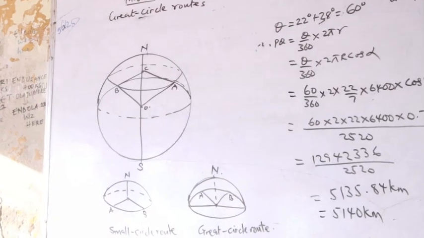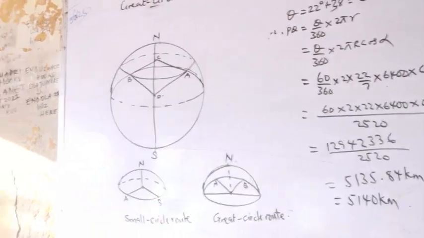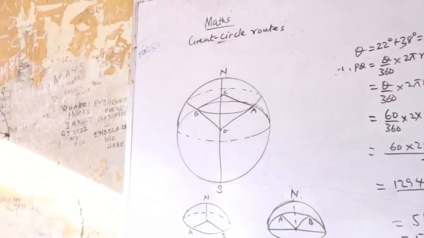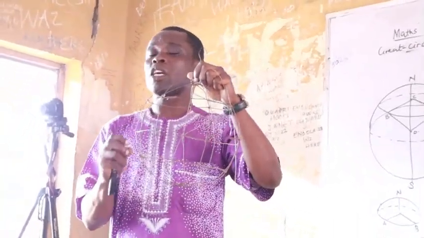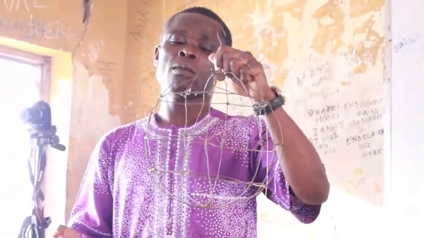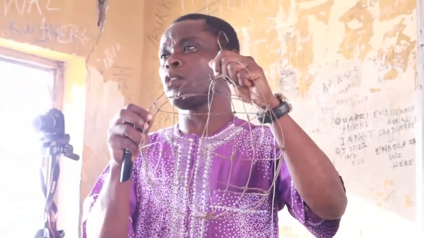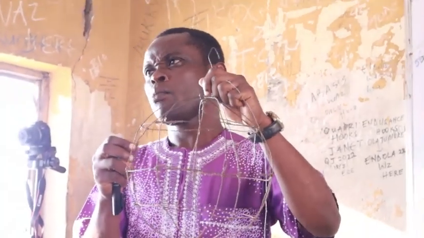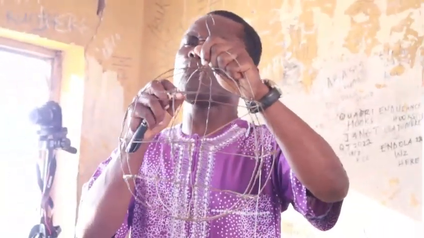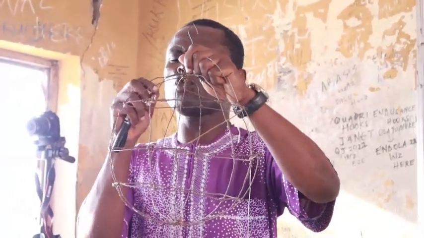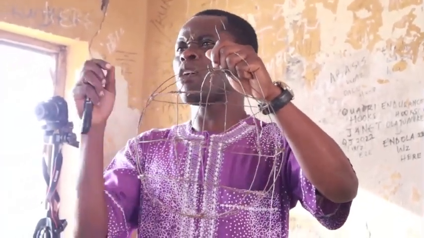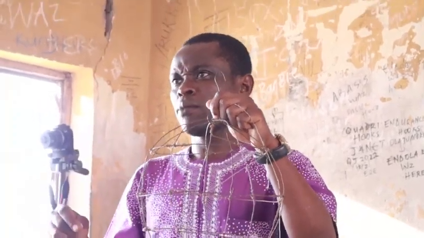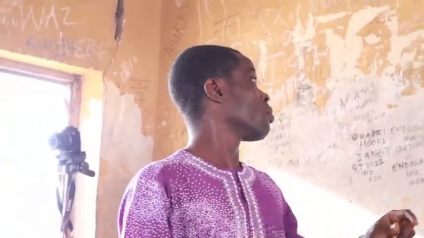You all know that the only latitude that is a great circle is the equator. Apart from the equator, every longitude is a great circle. But whenever you have 2 points on the globe, you can find the shortest distance of the 2 points, and that is what is called great circle route.